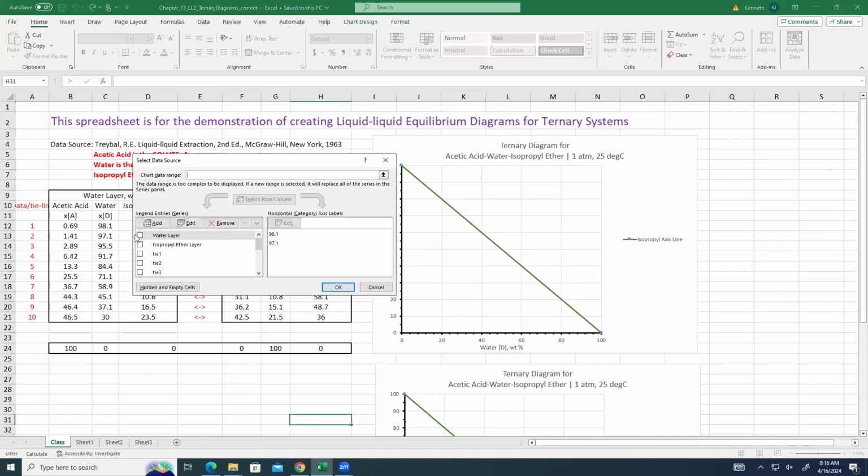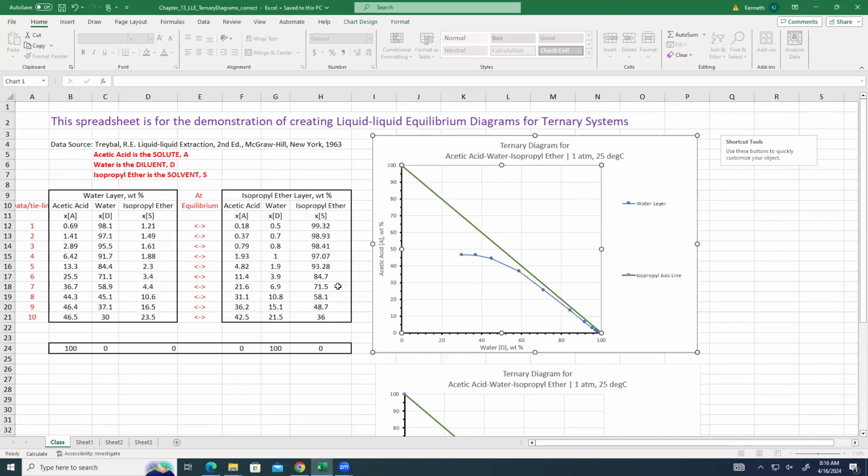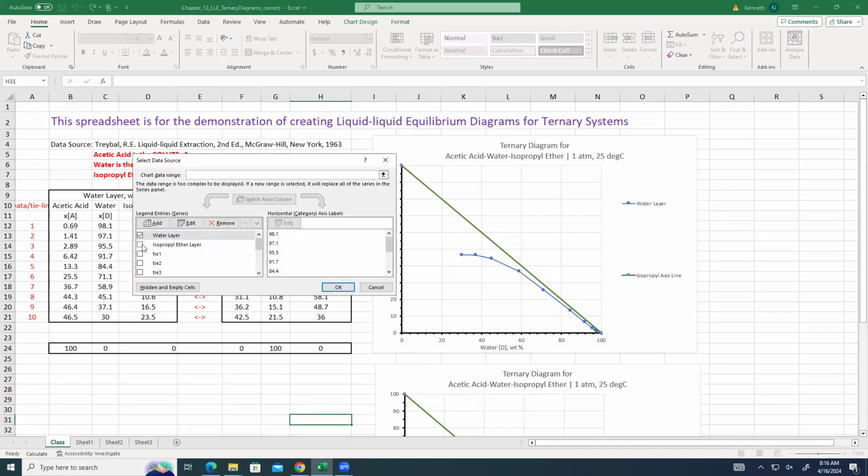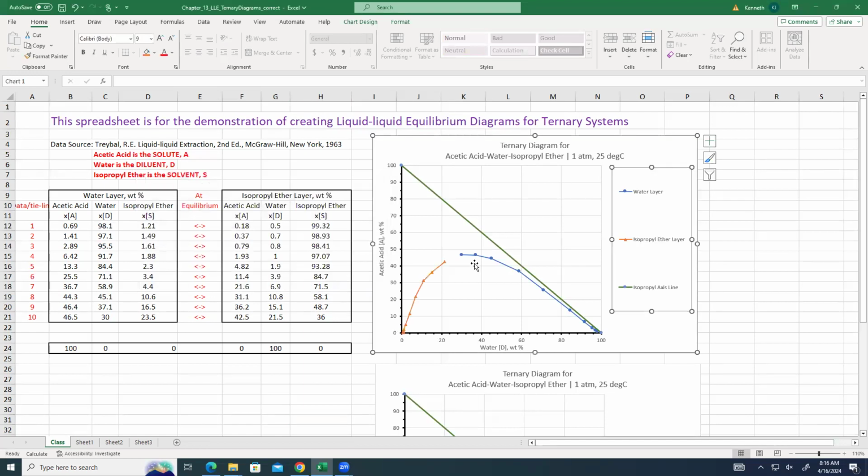So for example, whenever I add the water layer, it appears here, and the isopropyl ether layer is going to make up the other portion. And there's kind of a gap here. Something that I didn't mention before are tie lines, which are related to the equilibrium. What they actually are are lines that connect the points of the equilibrium.